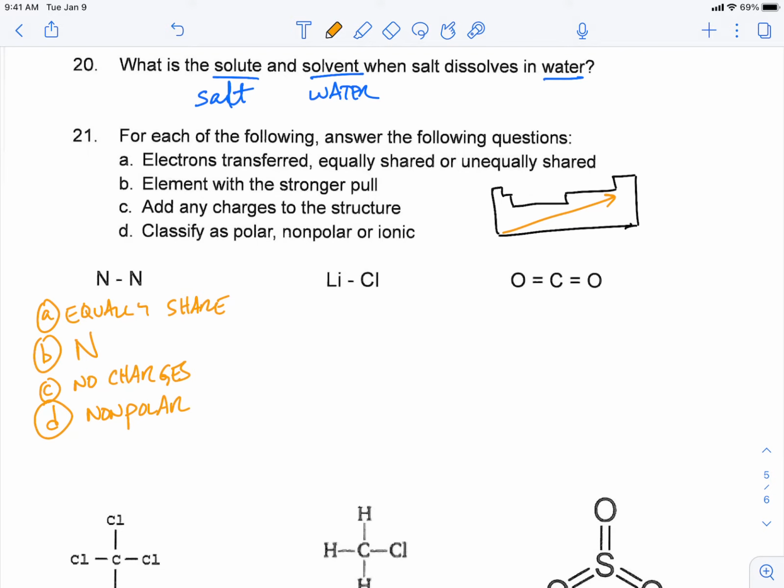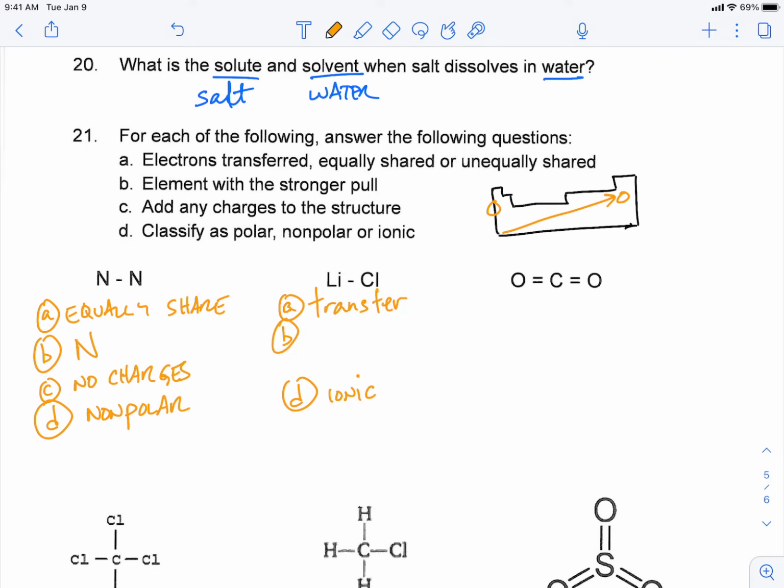For our next example, LiCl. So lithium is over here on the left and chlorine is on the right. We're actually dealing with a metal and a non-metal. That's the first thing that I would tend to notice there. And so we could automatically classify this as being ionic, lithium being a metal, chlorine being a non-metal. In an ionic substance, you have transfer of electrons.